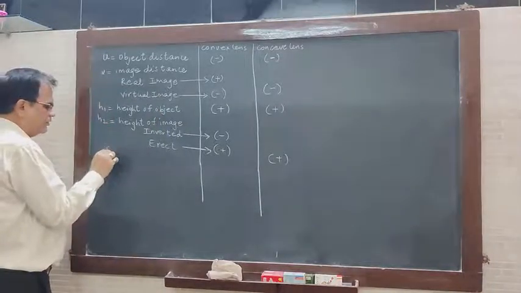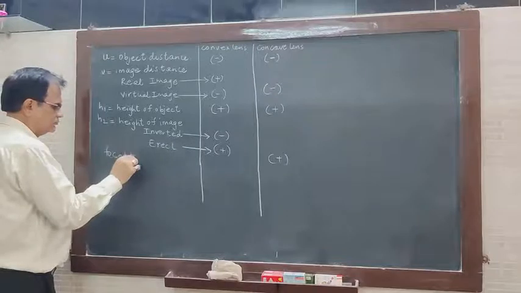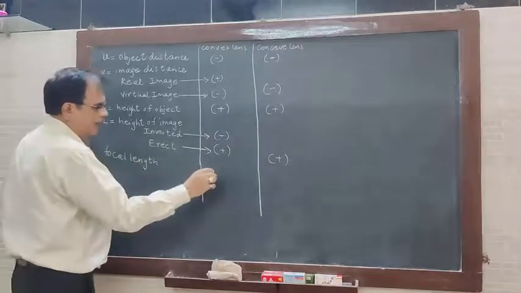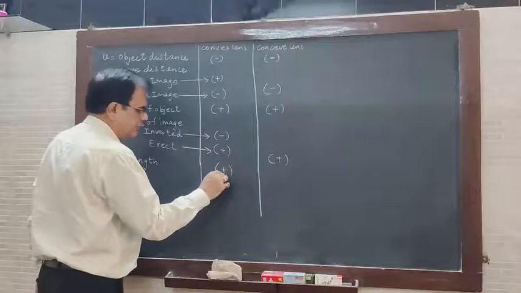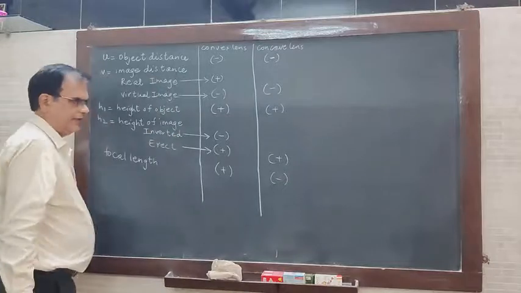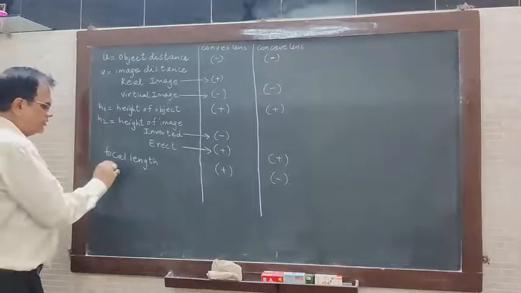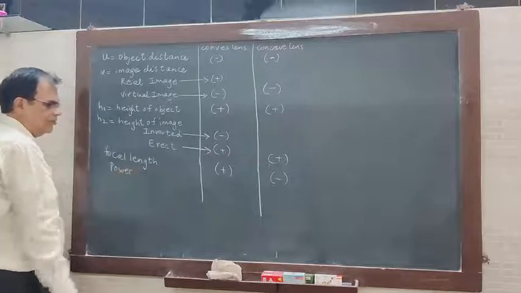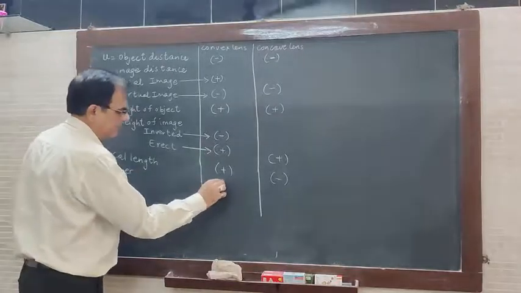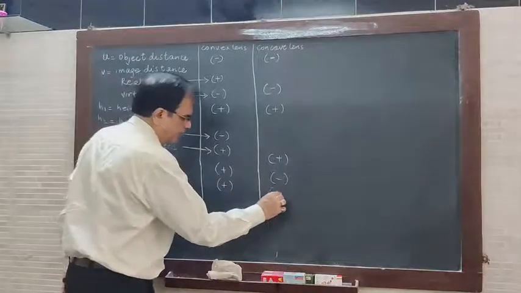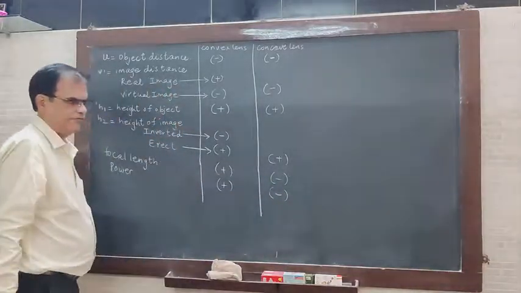Then focal length. Focal length of convex lens is positive and for concave lens is negative. Then power of convex lens is positive and for concave lens the power is negative, minus.